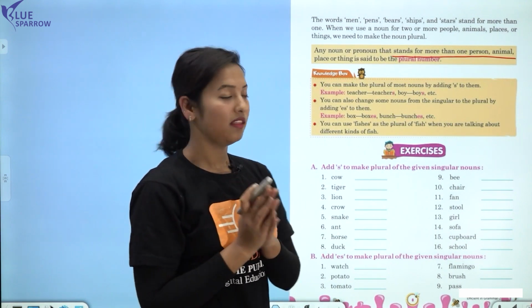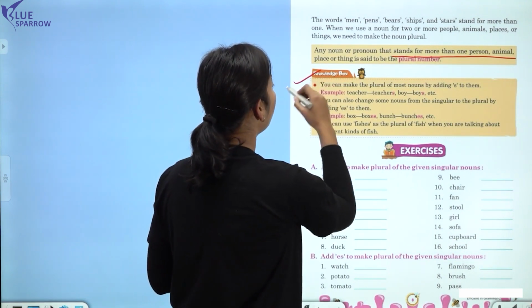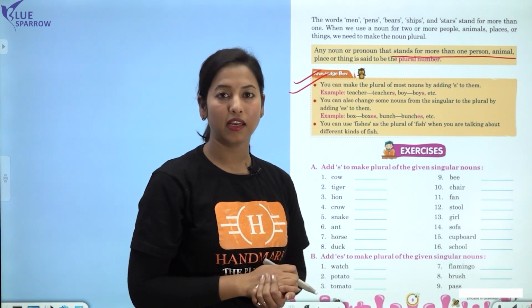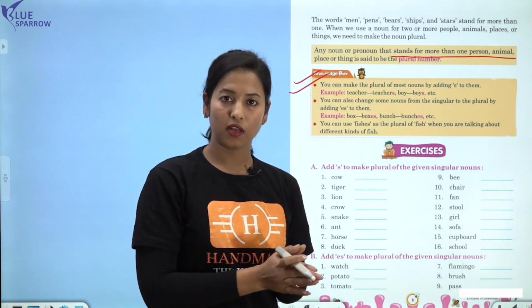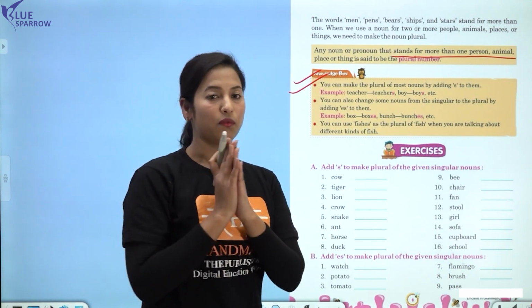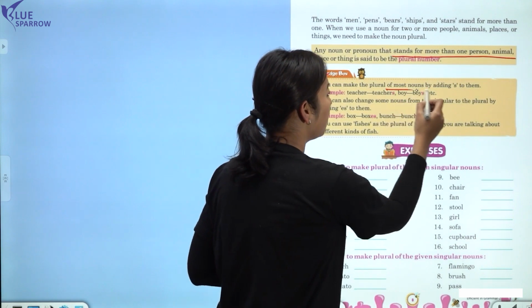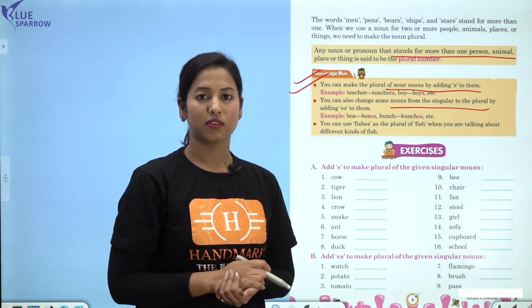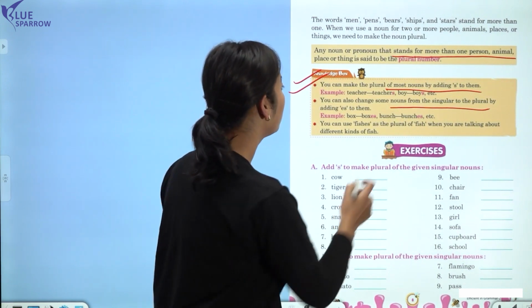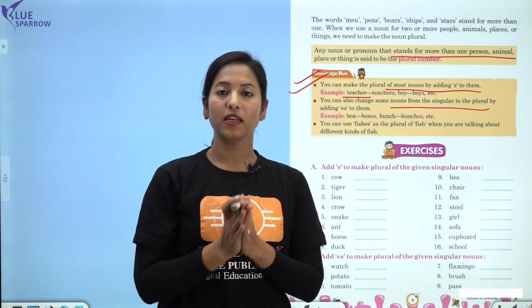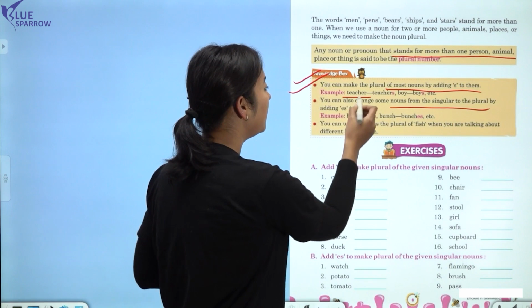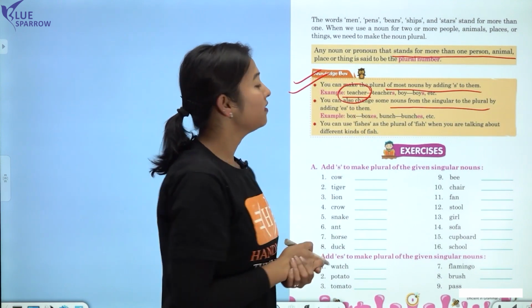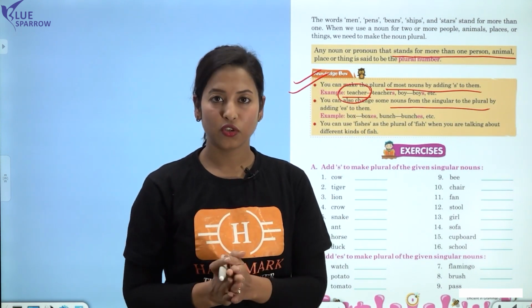Now students, we have to keep a few things in mind while changing from singular to plural nouns. We put s or es to the end of these nouns. For example, teacher. If there is one teacher, we spell it as T-E-A-C-H-E-R, teacher.